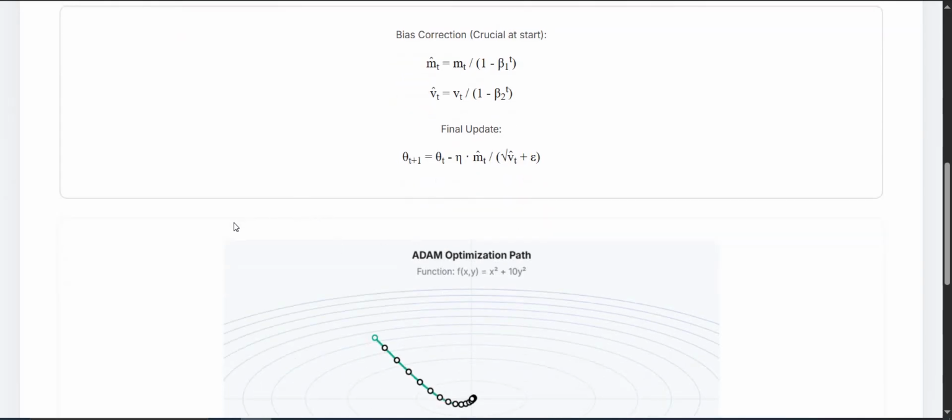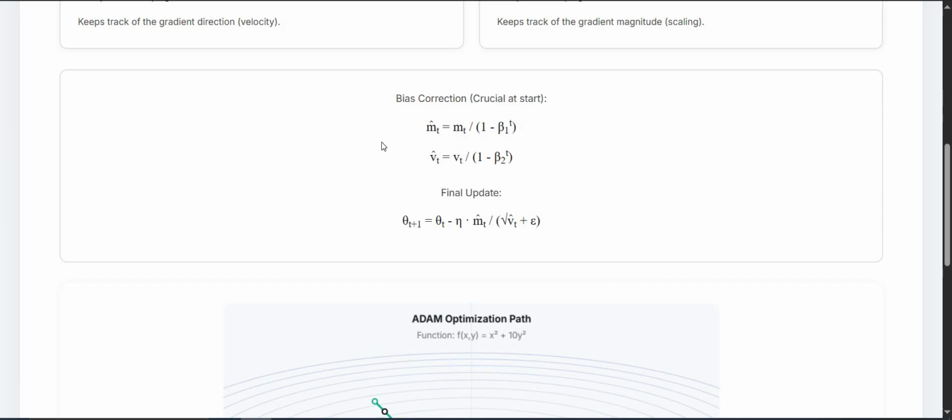Okay, but early in training, these averages are biased towards zero because they start empty, and that's why Adam adds a correction step. And you see these formulas: m hat t equals m sub t divided by 1 minus beta 1 to the t, and v hat t equals v sub t divided by 1 minus beta 2 to the t.